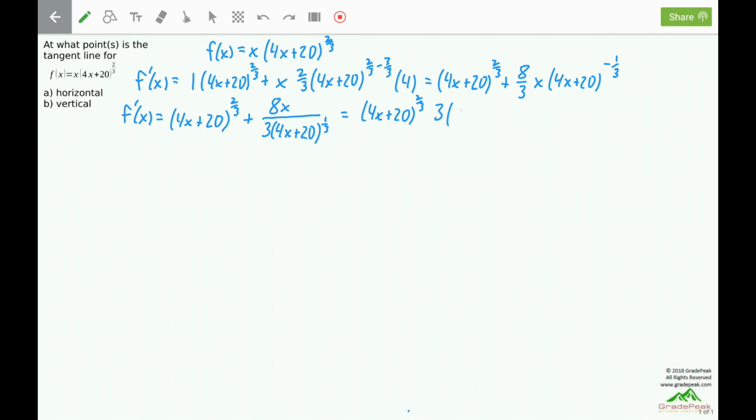So multiply this times 3 times (4x plus 20) to the 1/3 over 3 times (4x plus 20) to the 1/3, in such a way to produce the common denominator, so I can add together with this second term, 8x, over that same denominator.